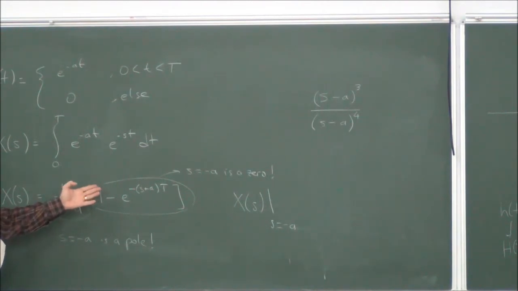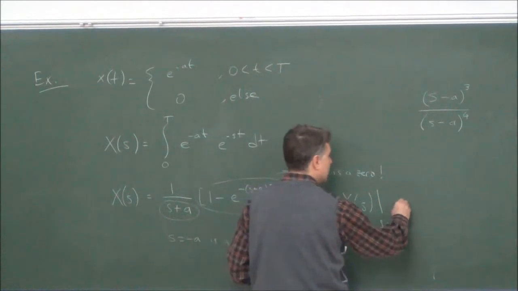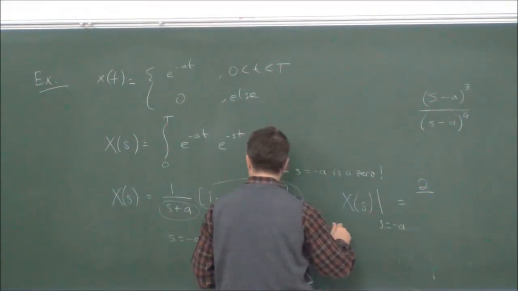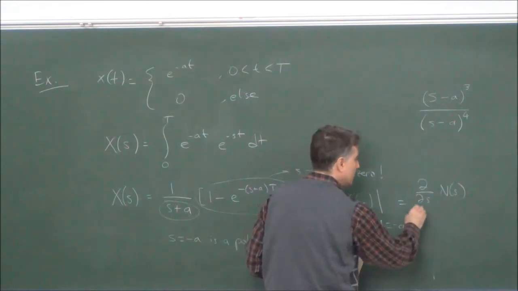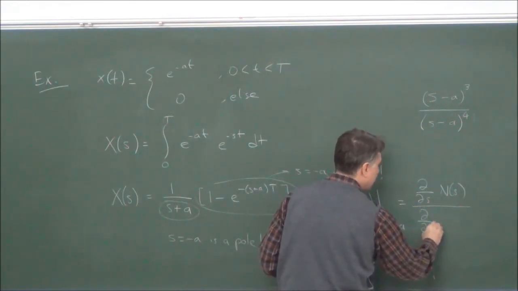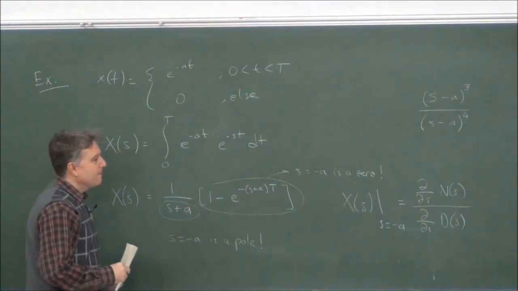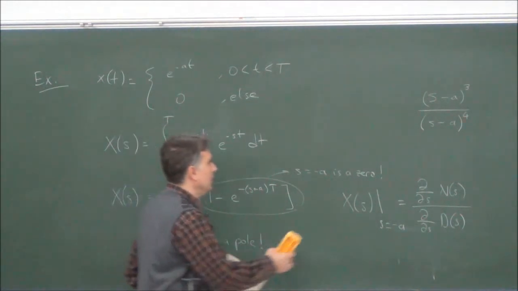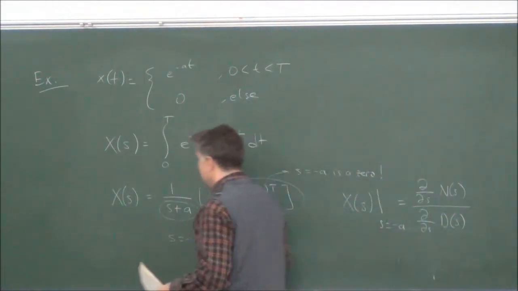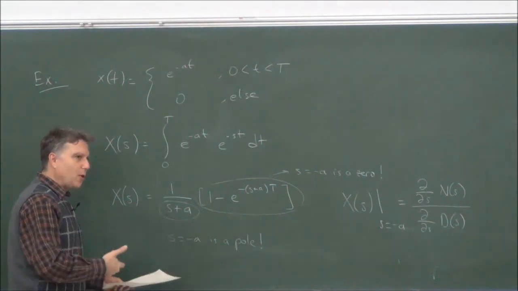What do we do if there is an ambiguity, uncertainty of 0 over 0? Apply the Hospital's rule, which is the derivative of the numerator of s divided by the derivative of the denominator of s. This is what you have to take a look at, which is the Hospital's rule. In other words, is s is equal to minus a a 0 or a pole or something else?